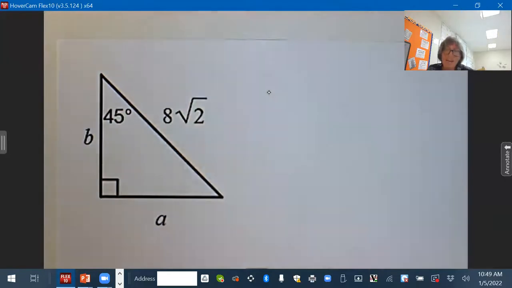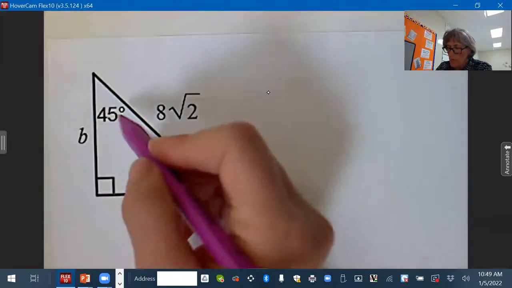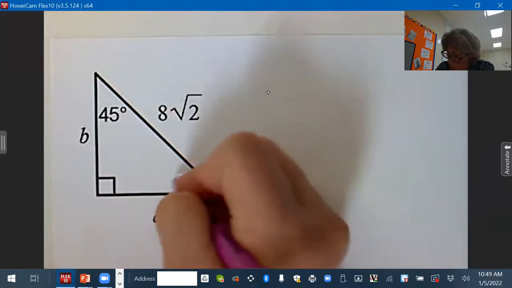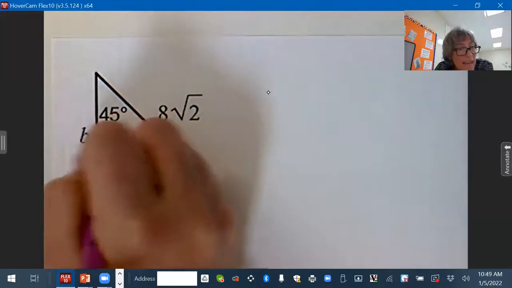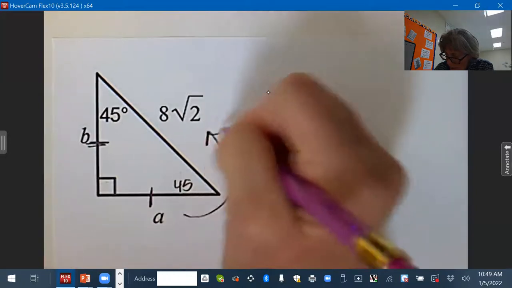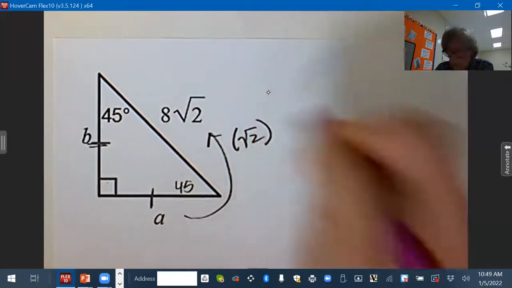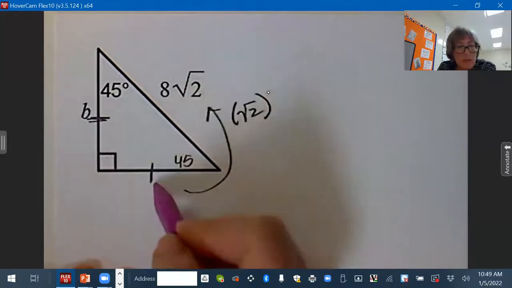45, 45, 90, leg, leg, leg root 2. So this is how it reads. Our legs are the same, but they're both unknown.